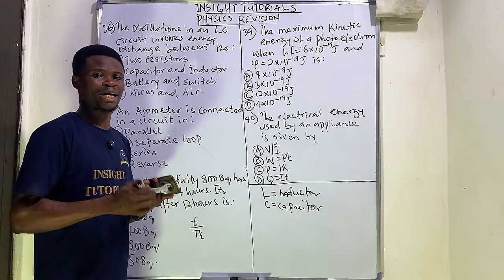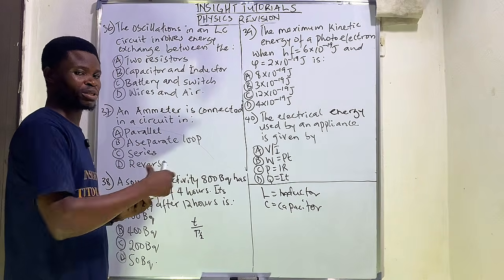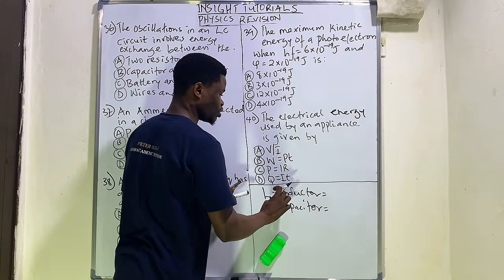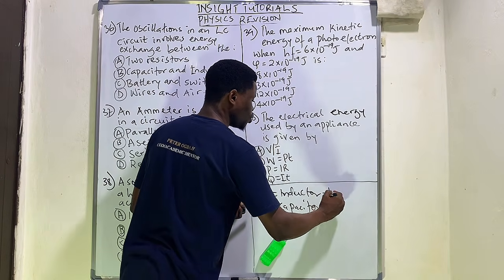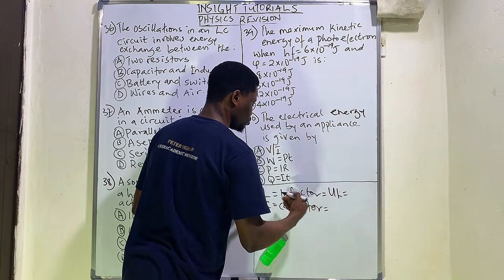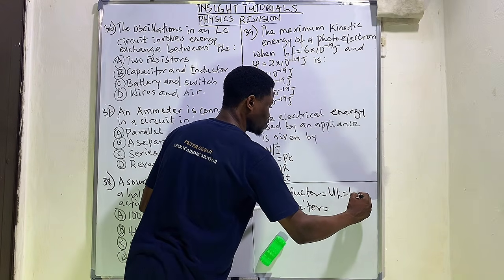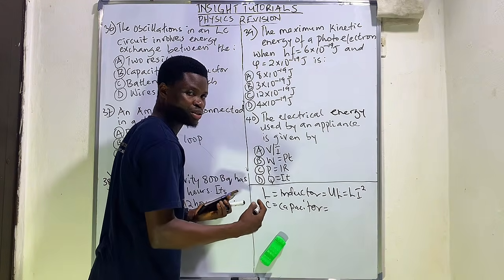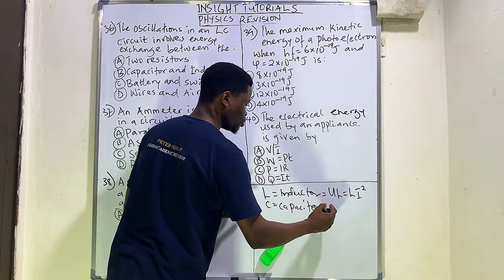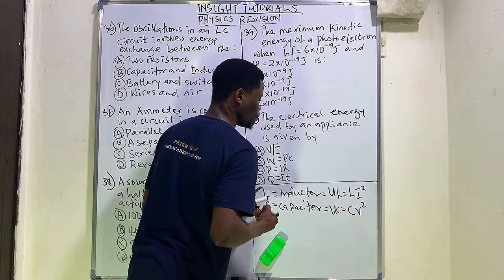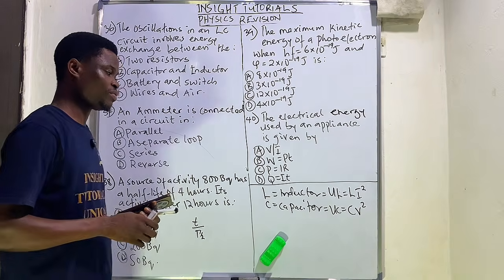There's actually a back and forth movement between these two components, where if you are to calculate the energy stored in the magnetic field, it is given as inductance times current squared. And if you are to calculate the energy stored in the electric field, it is capacitance times the potential difference squared.